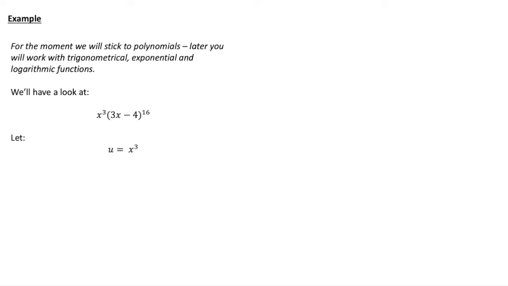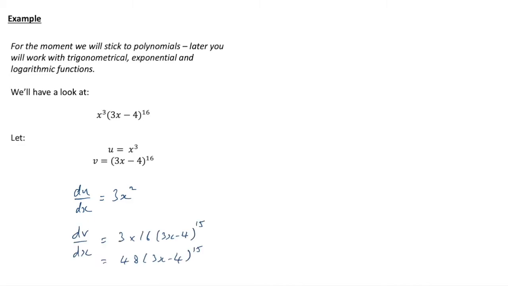We say that u is x cubed and v is (3x minus 4) to the power of 16. We need to differentiate them separately. When we differentiate u, du by dx is equal to 3x squared. When we differentiate v, we have to differentiate the inner function, 3x minus 4, which gives us 3.